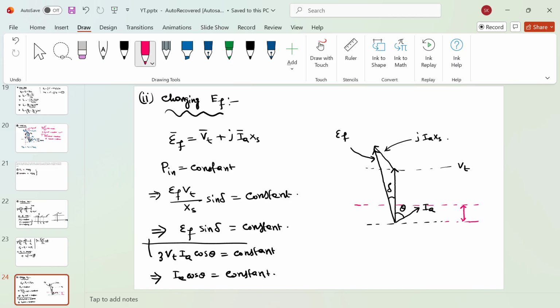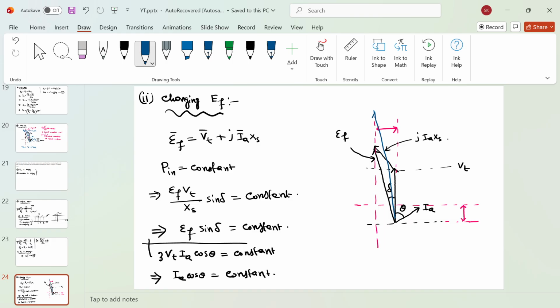Also, your EF sine delta component is nothing but this one. So this value needs to be constant. Now let's say you are increasing the EF value, but your active power is constant. So let's say you have increased your EF here.